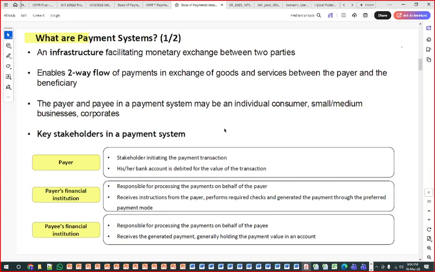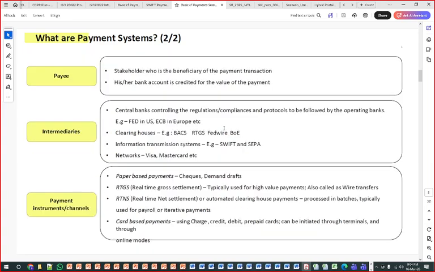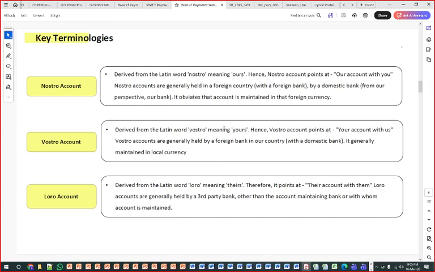Who is the payer, beneficiary, who is the bank, who are the intermediary agents, intermediary banks, who is paying the payment, who is receiving the payment, the different countries' regulation systems, what is real time gross settlement, real time net settlement. You must have seen this while sending payments using RTGS or NEFT. We are going to learn that concept too.